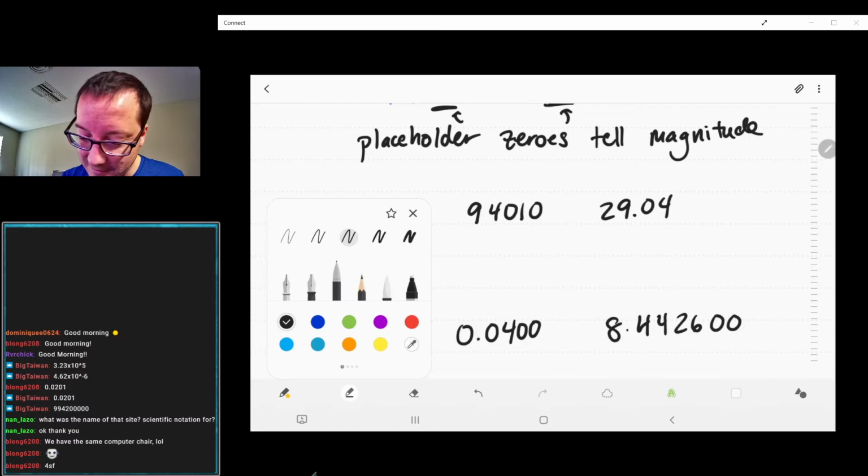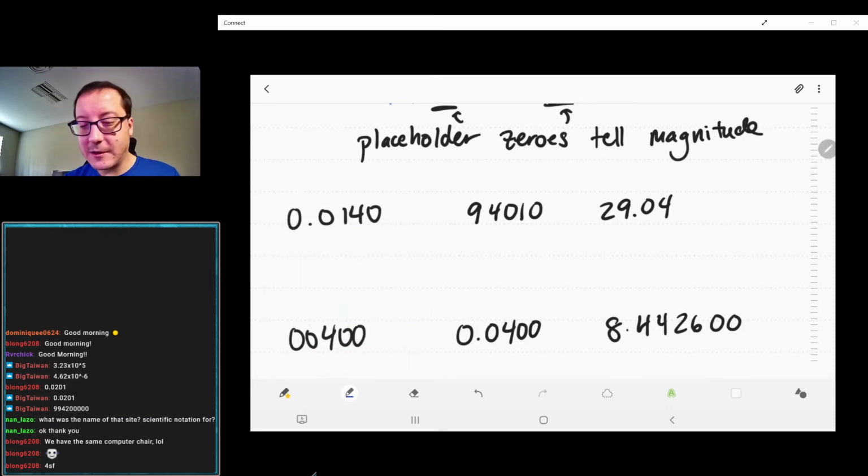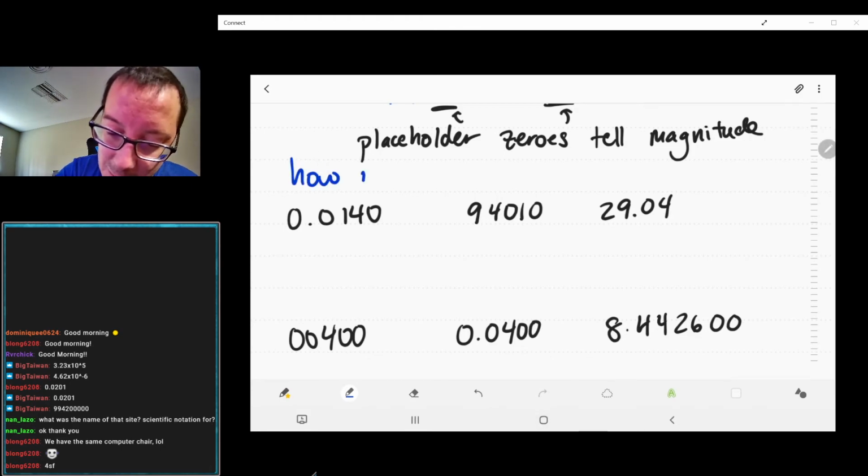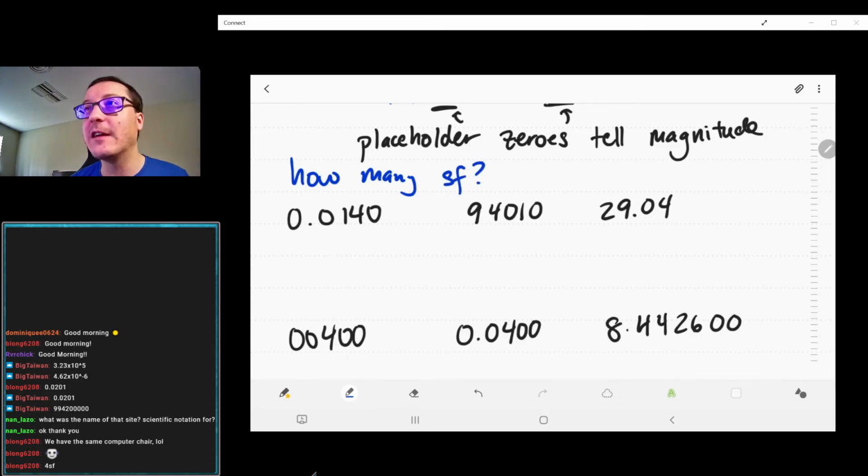Okay, let's look at these. So, whenever we're looking at how many sig figs, or let's just write that. How many sig figs do these numbers have? So, let's go ahead and take a look. With this first example, we can always start by knowing that our non-zeros are significant.